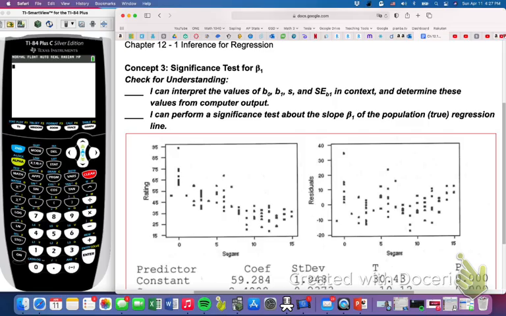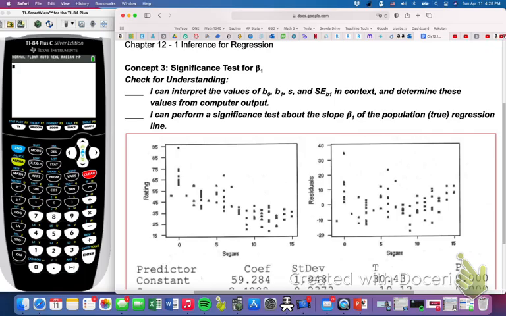To check for understanding, students will be able to interpret the values of B naught, which is the y-intercept, and B1, which is the slope, S, the standard deviation of the residual, and SEB, the standard error of the slope, in context, and determine these values from the computer output.